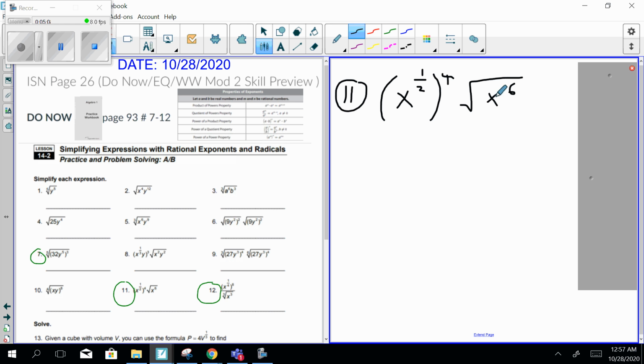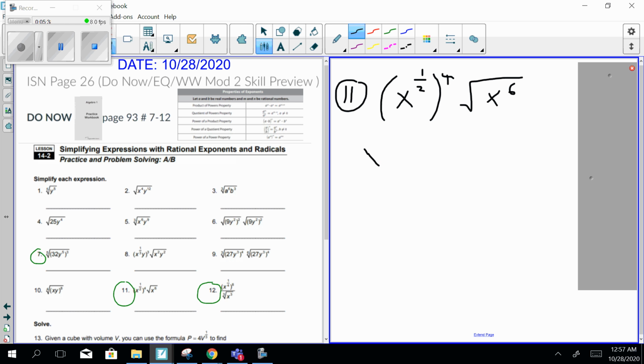First of all, in looking at this, I can clear up the exponents here because I'm going to use that property where when you have a power raised to a power, then you're going to multiply both exponents together.